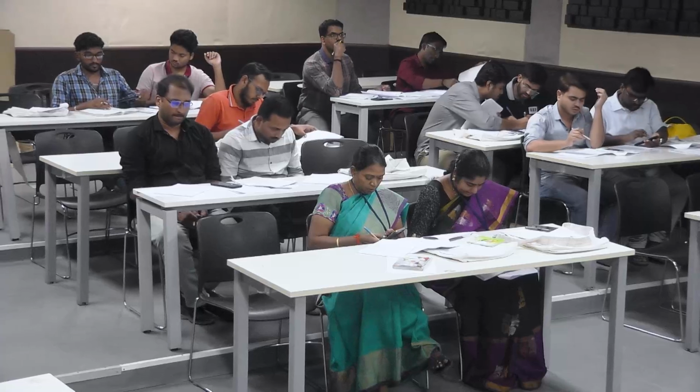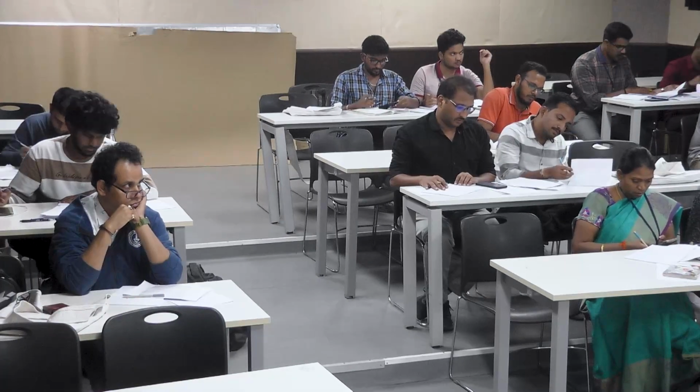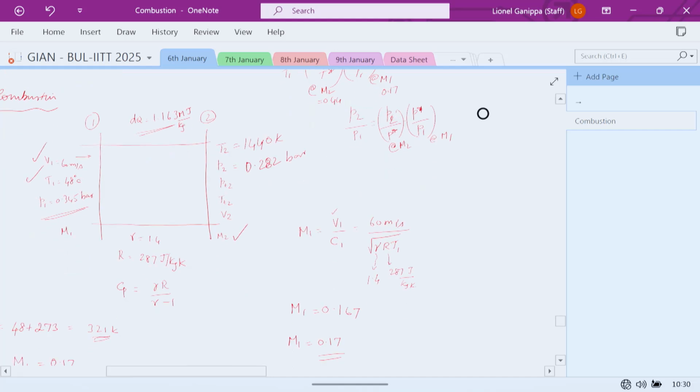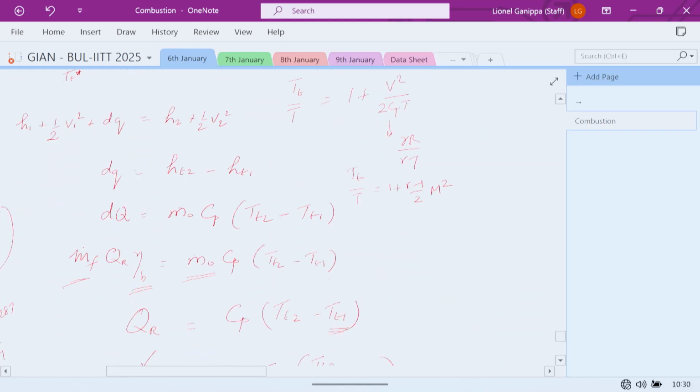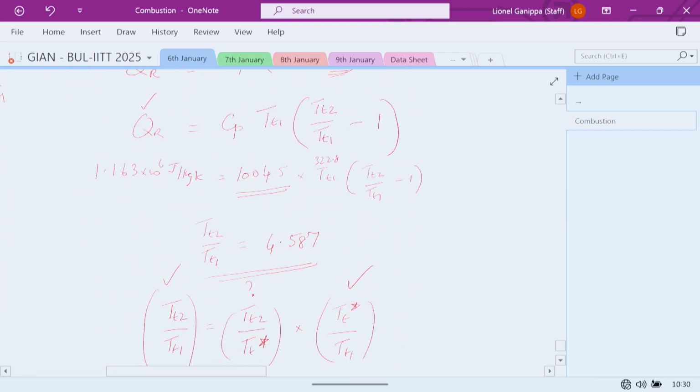What is the value for TT2? That is T2. TT2 you could have already calculated because you found the value for T2 by T1 already as 4.587.